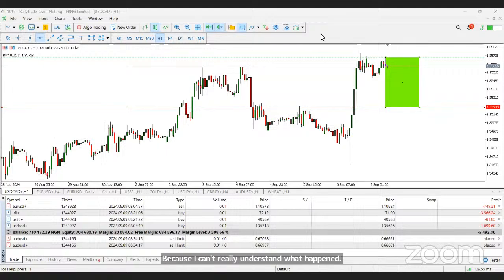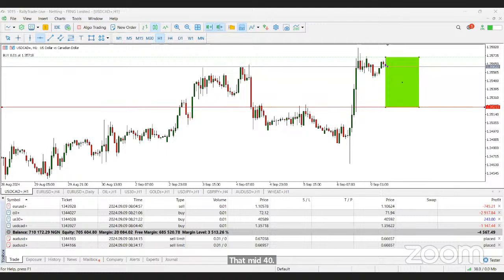What happened to DE40? I think DE40 is a German index, but some of the constituent companies that make up DE40 trade in the US stock market in New York.